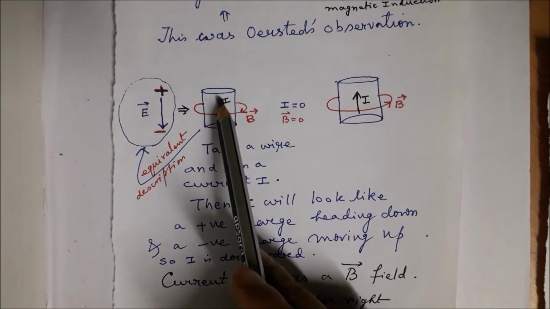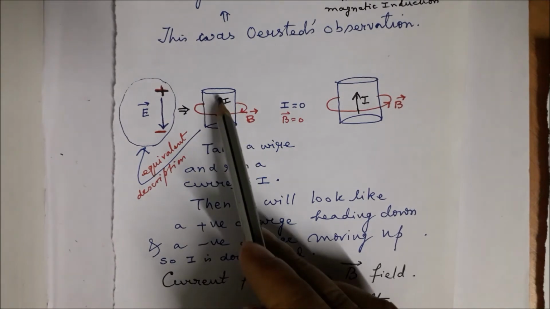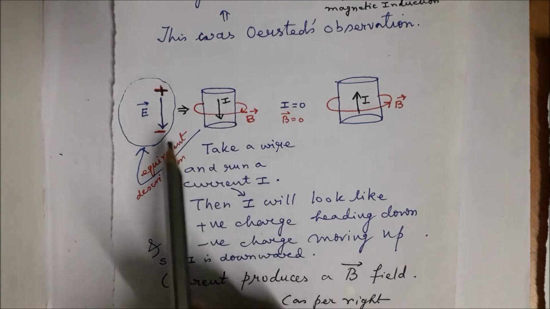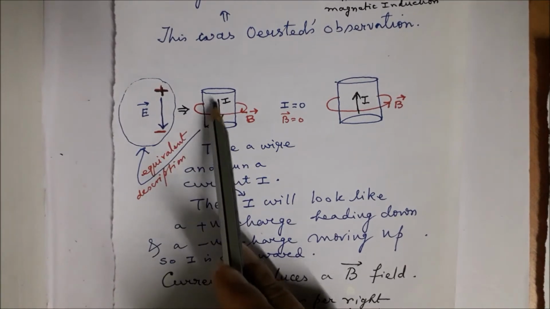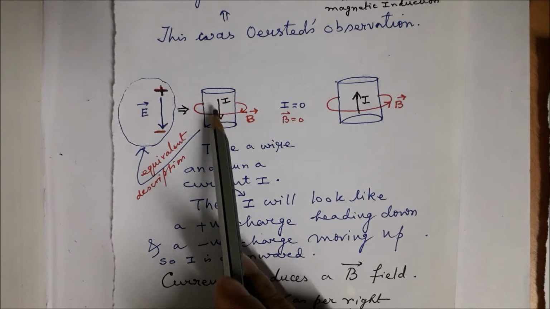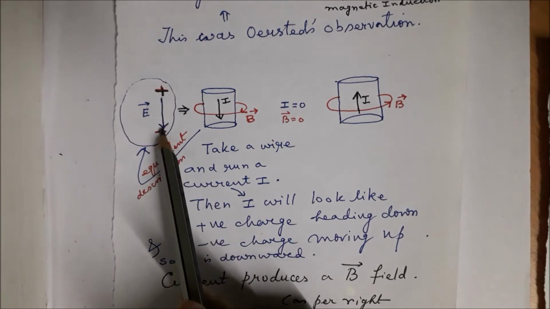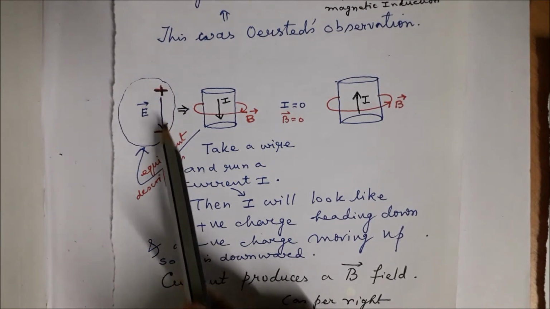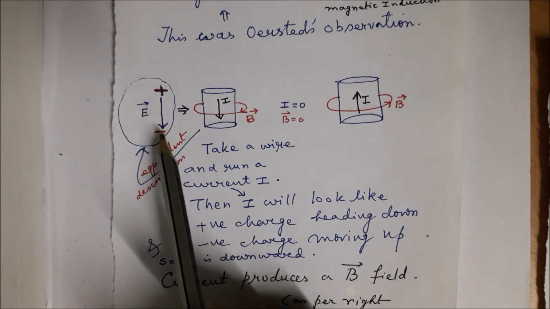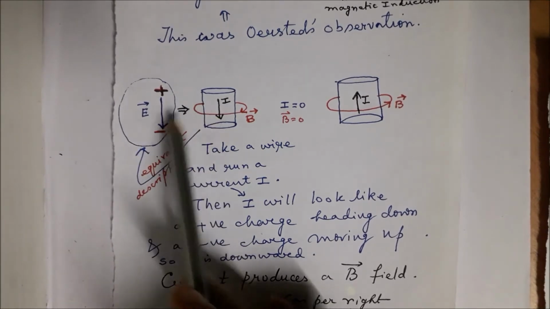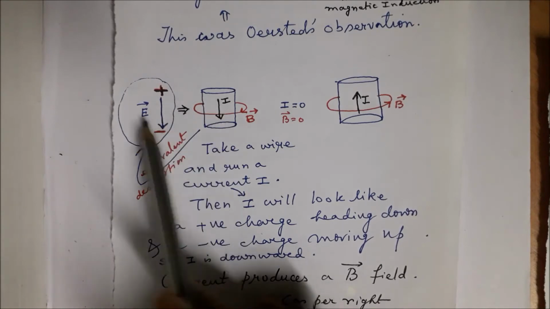Suppose current moves from up to down. This can be looked upon as a positive charge moving down and a negative charge moving up. And the movement of this positive charge and negative charge in a vertical manner was discussed just now. So these two situations therefore are equivalent.